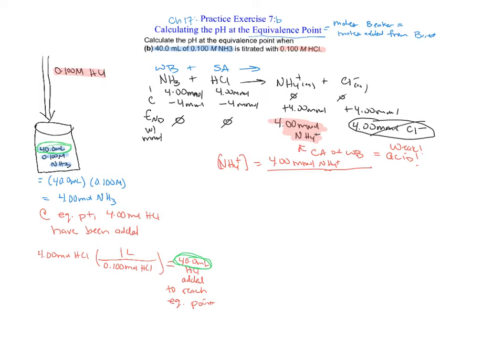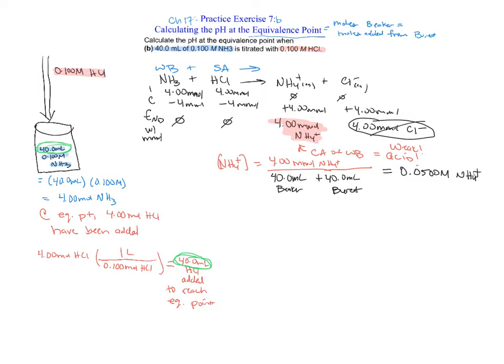So my total volume will be 40.0 milliliters of the base that was in my beaker, plus 40.0 milliliters of the acid that I added from the burette. So my molarity of my ammonium is 0.05, so 0.0500 molar ammonium.